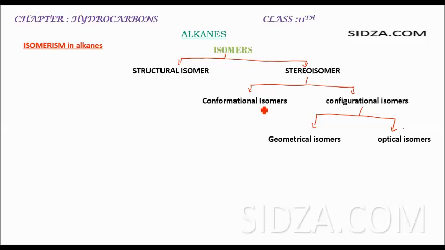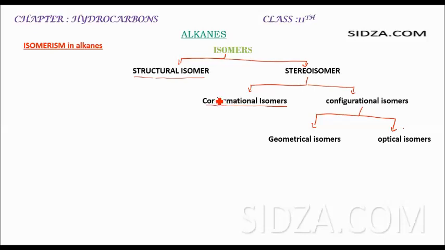Today our topic will be isomerism in alkanes. Alkanes normally show two types of isomers: one is the structural isomer and the second is the conformational isomer. So structural and conformational isomers are the two topics that we will discuss here, because with alkanes we commonly find these two kinds of isomers.